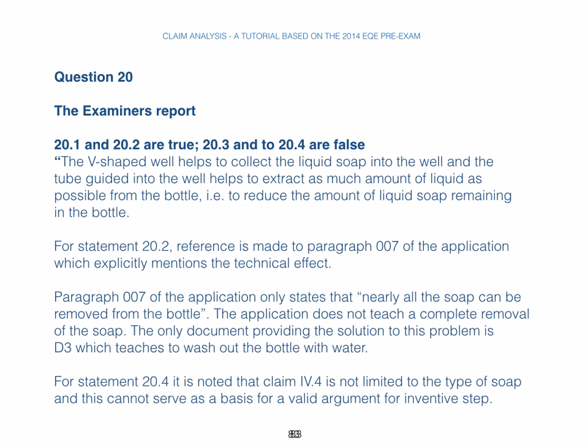Paragraph 7 of the application only states that nearly all the soap can be removed from the bottle. The application does not teach a complete removal of the soap. The only document providing the solution to this problem is D3, which teaches to wash out the bottle with water. For statement 20.4, it is noted that claim 4.4 is not limited to the type of soap, and this cannot serve as a basis for a valid argument for inventive step.